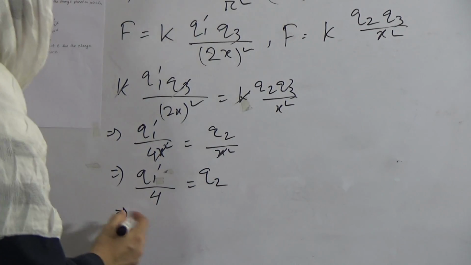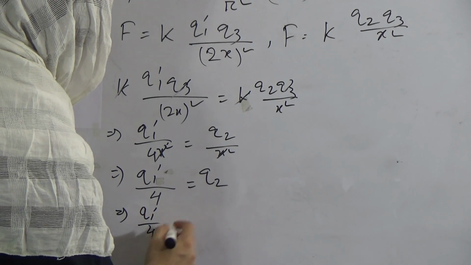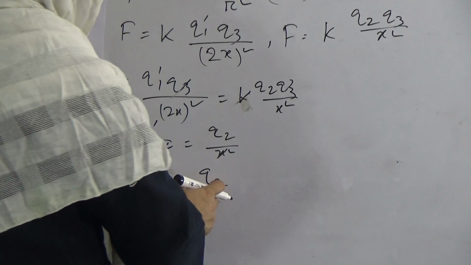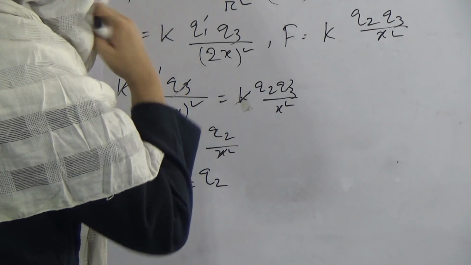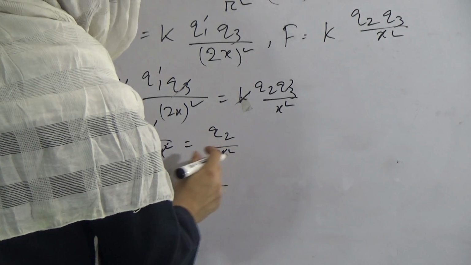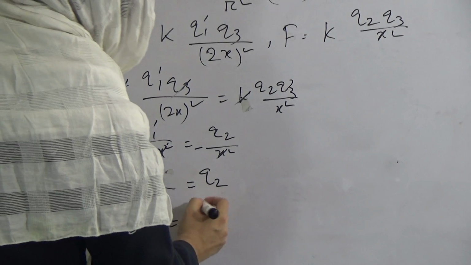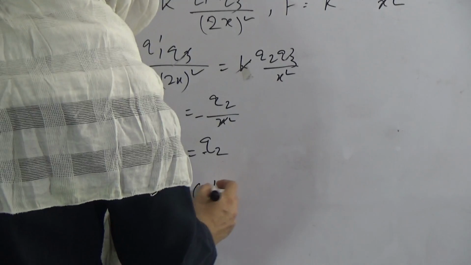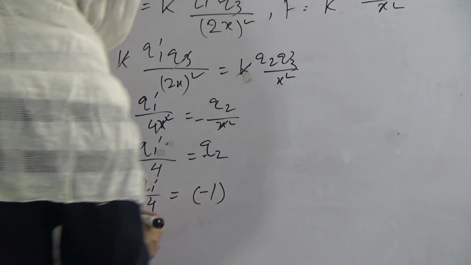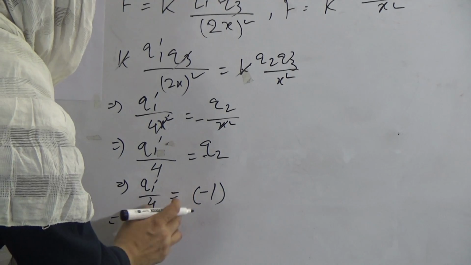Q2. Now put the value: Q1 dash divided by 4 equals Q2, and here Q2 is minus 1 coulomb. Okay, so if we take the side change it will be minus, so minus 1 coulomb, minus and minus it will be plus.